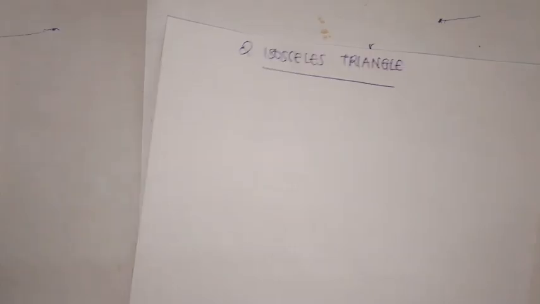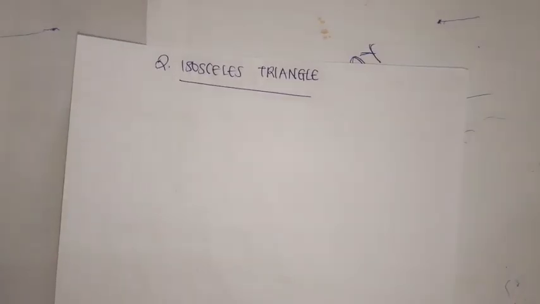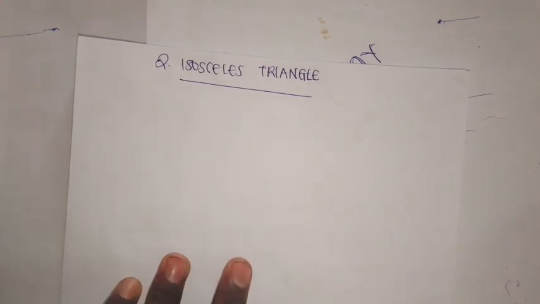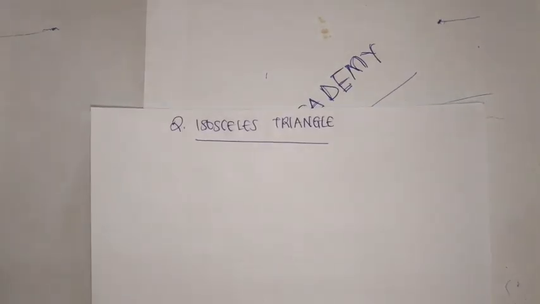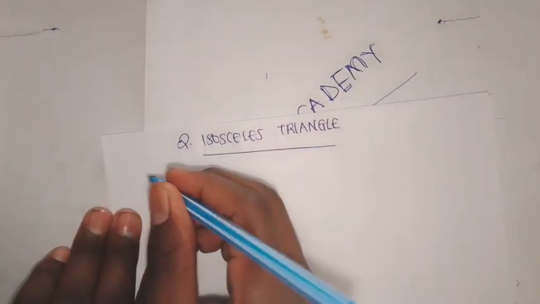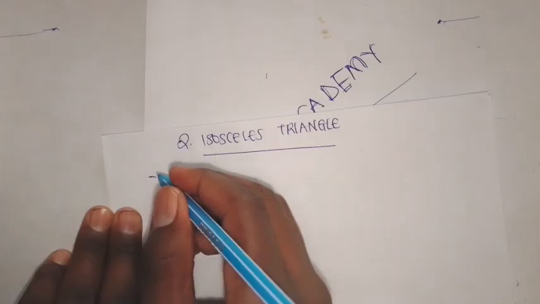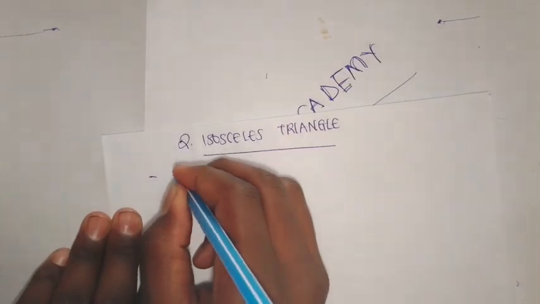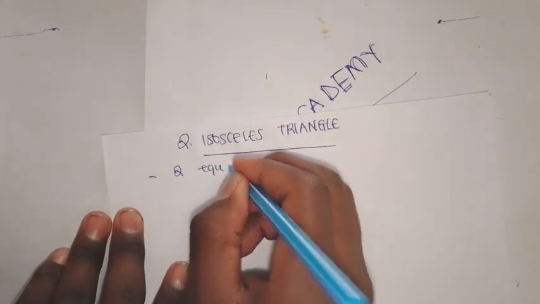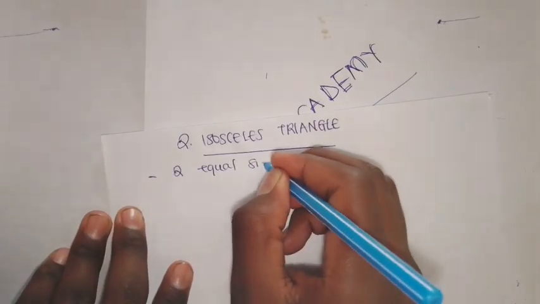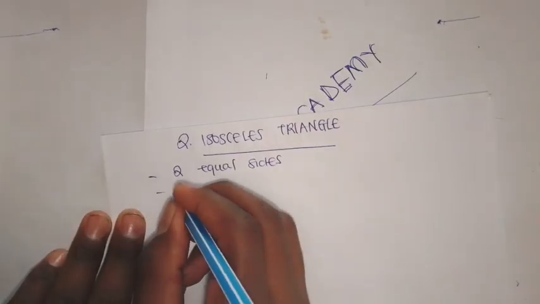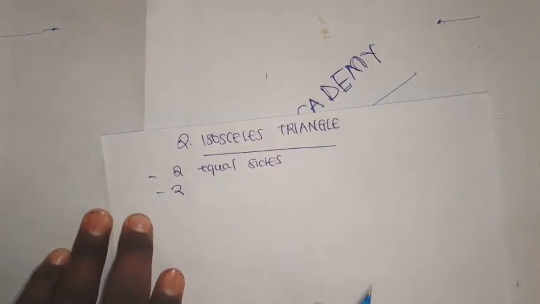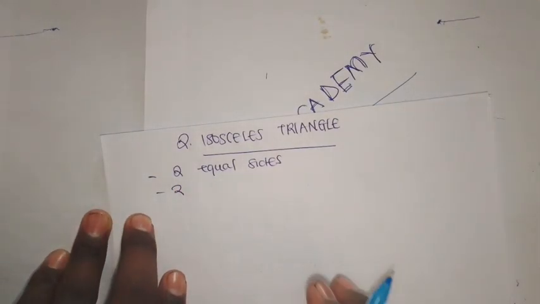Let's talk about the isosceles triangle. This one has two equal lengths or sides, and two interior base angles are also equal.